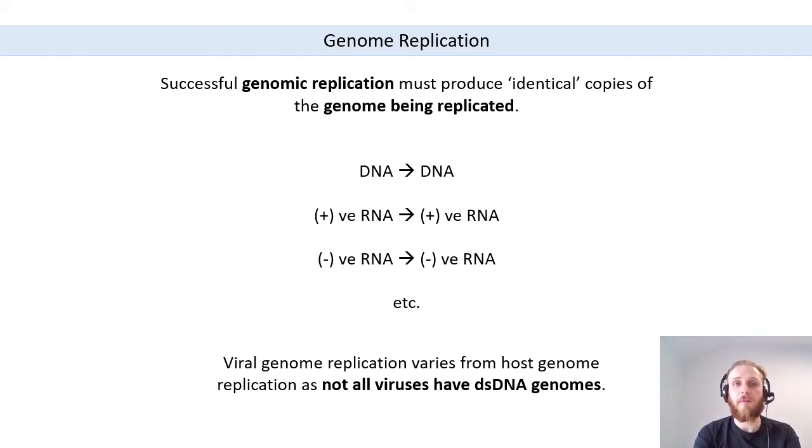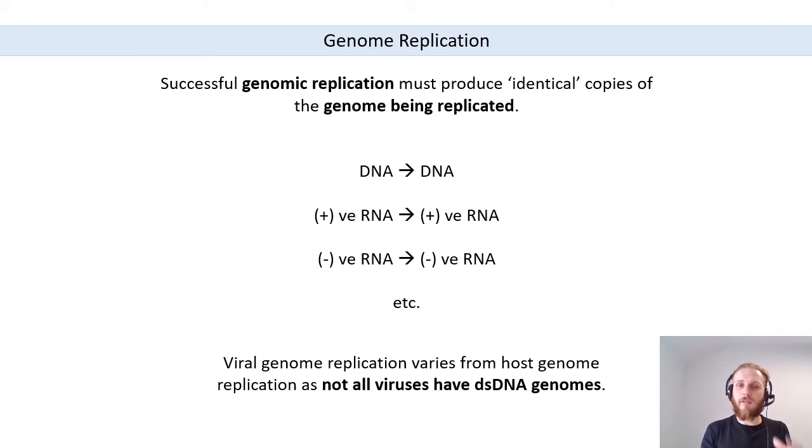When we're thinking about viral genome replication, which is what we will think about today, the genome again needs to be copied exactly. So if the viral genome is a positive sense RNA, then the end product needs to be positive sense RNA, because the end product needs to be identical.